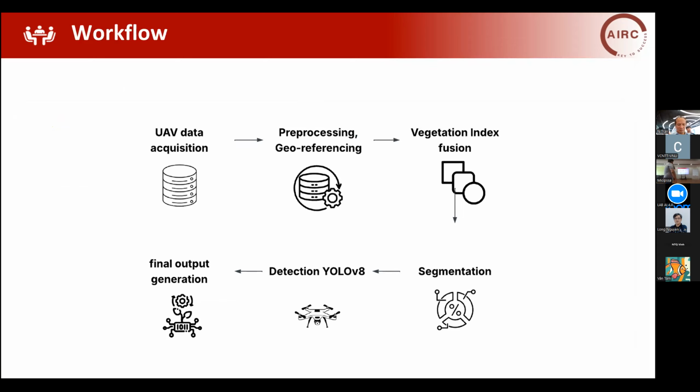Then the segmentation will work. In the segmentation process, we will separate crop canopy from the soil. Then that crop canopy will pass to the detection stage, where the UAV will detect the weeds, pests, and crops in different sections. And then the final output generation will take place.